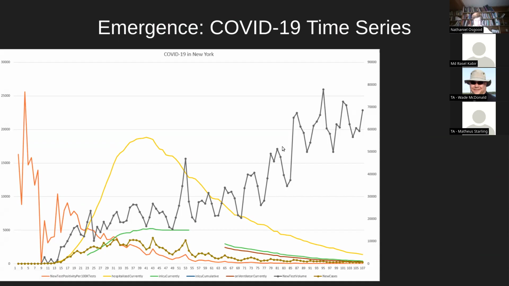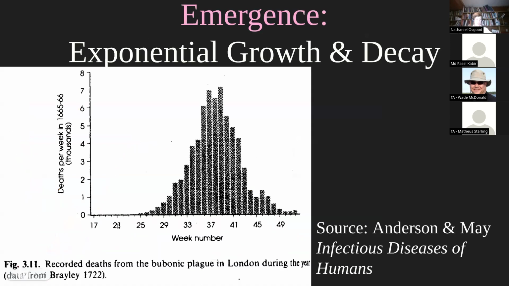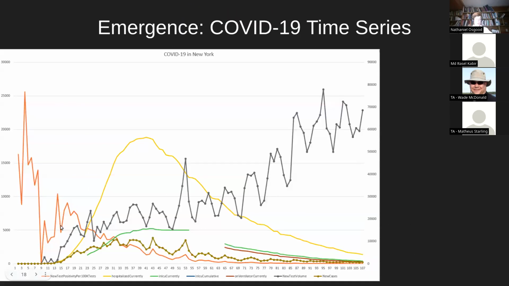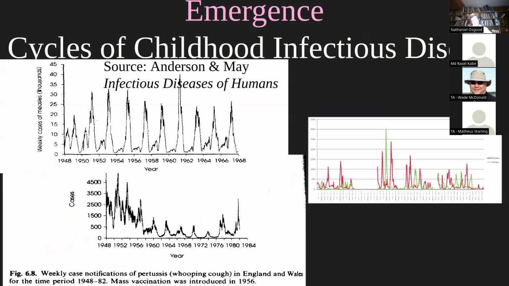Here, this rising curve associated with test volumes, for example. The brown here, number of new cases, test positivity shown here in orange. And we see a characteristic infection curve induced indirectly in hospitalization.